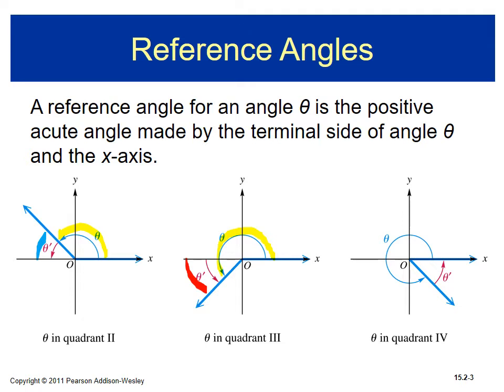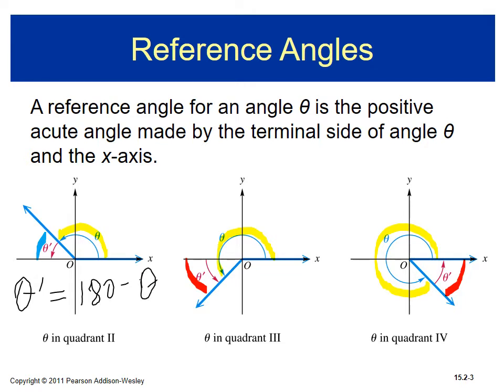And on the last one, we're coming all the way around here. And this small piece of angle here would be theta prime. So if you can look at this, you maybe want to think of it this way: theta prime equals 180 minus theta.